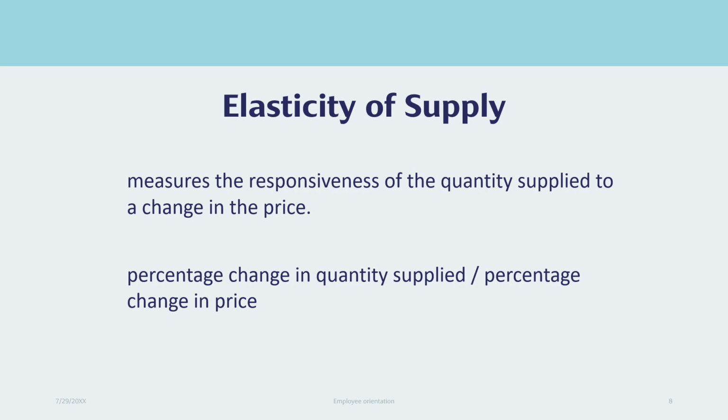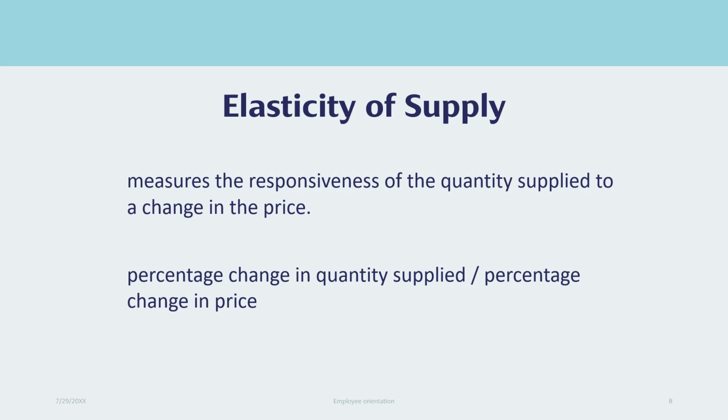So now elasticity of supply. Elasticity of supply measures the responsiveness of quantity supplied to the change in the price, right? It is also calculated by percentage change in quantity supplied divided by percentage change in price.